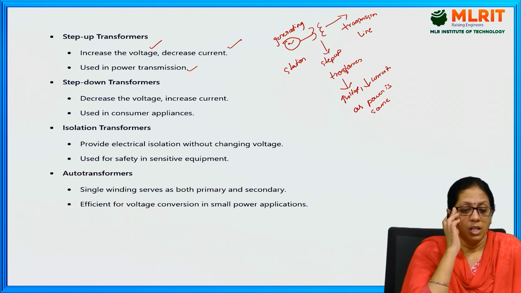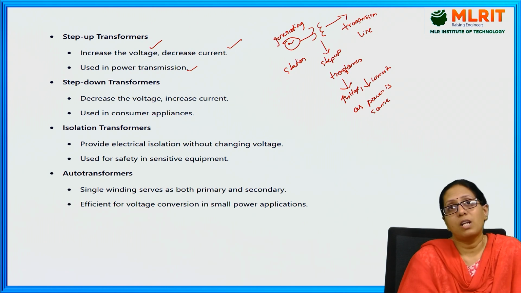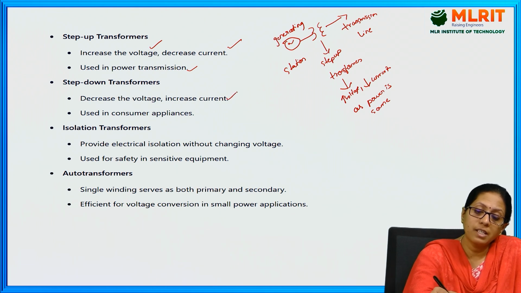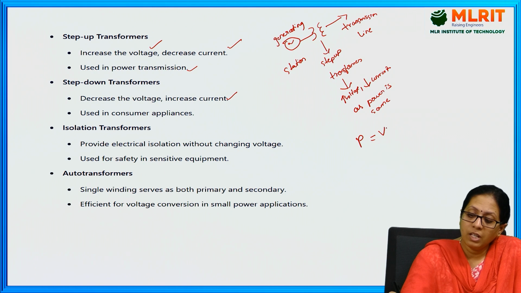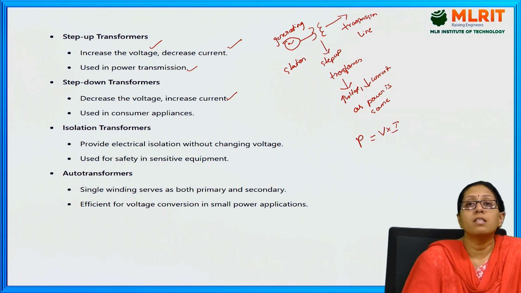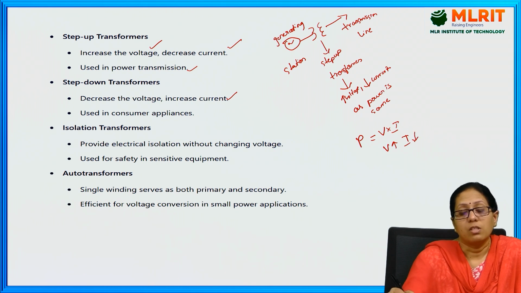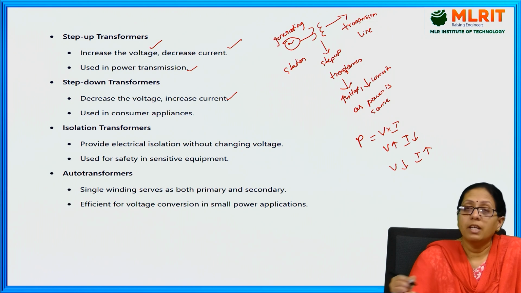The second one is step down transformer. A step down transformer decreases the voltage and increases the current. As I said, the power, that is V into I, is constant. So, as the voltage increases, current reduces, or else if the voltage reduces, the current increases.